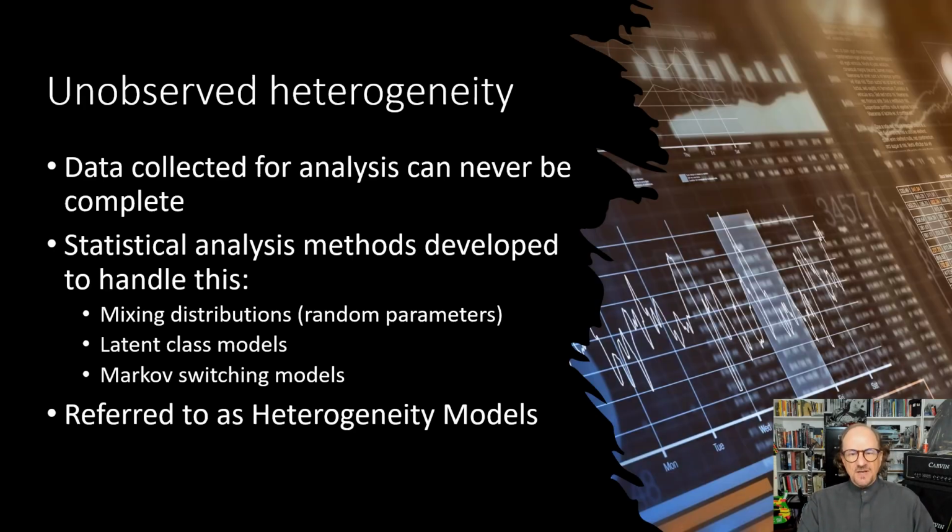So the first topic that I'm going to deal with is unobserved heterogeneity. So data collected for the analysis, no matter what analysis you're doing, can never be complete. So there are statistical methods that have been developed to account for the fact that you do not have complete data. An example would be that you observe a vehicle in a crash.